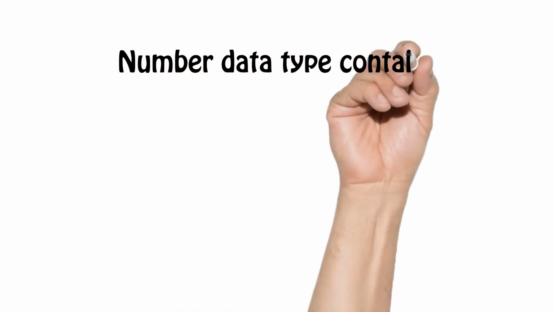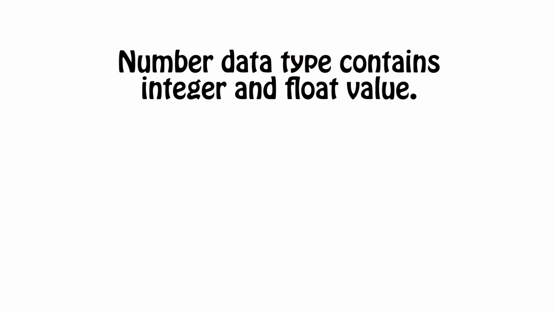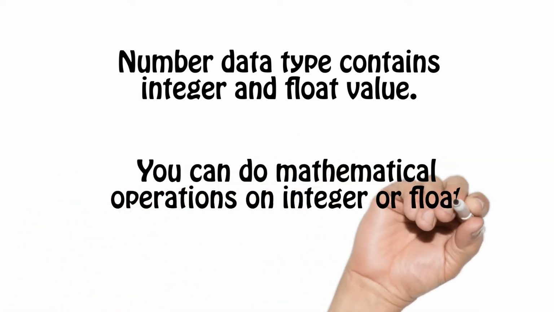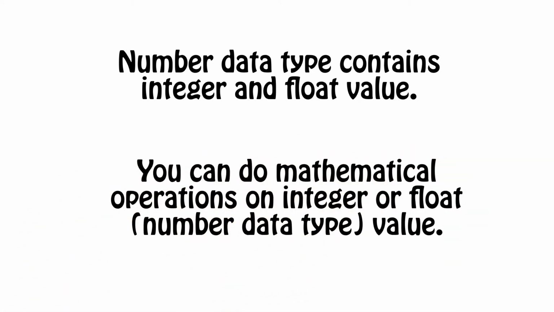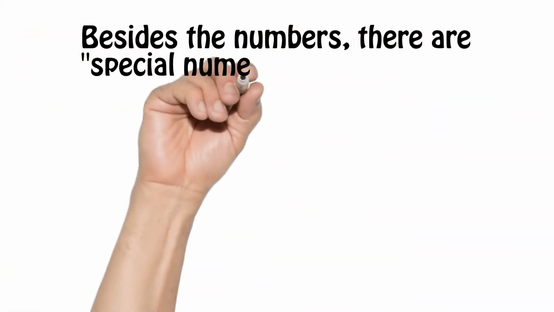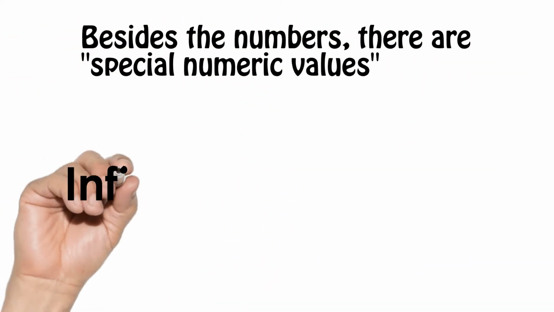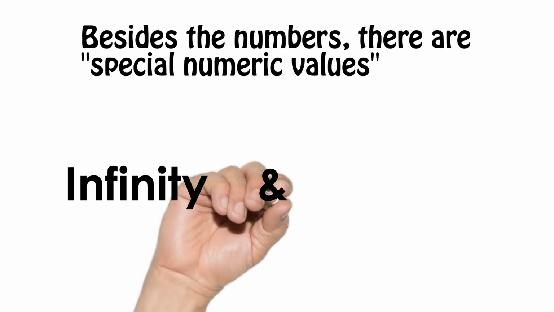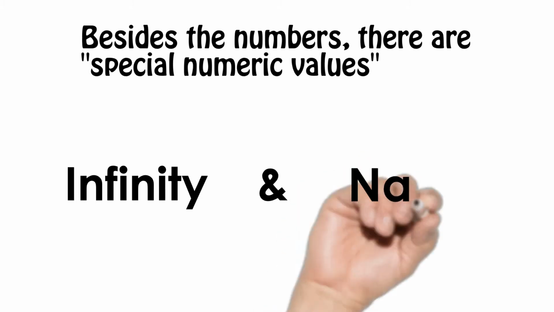Now let's have a brief idea about all data types. First one is number. The number data type has either an integer or float value. Mathematical operations are possible on number data types. Besides the numbers, there are some special number values which are Infinity and NaN.